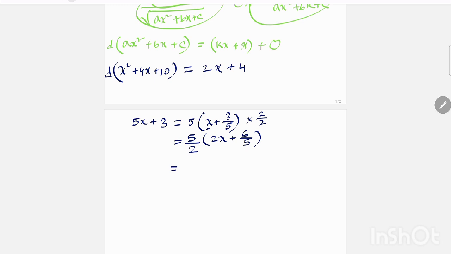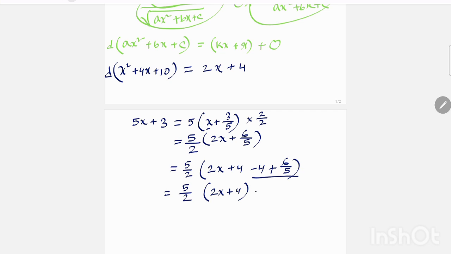So if 4 is needed, what we can do: 5 by 2 into 2x plus 4 minus 4. So 2x plus 4 is okay. Take this term outside. So it will be plus 5 by 2, 6 by 5 minus 4.